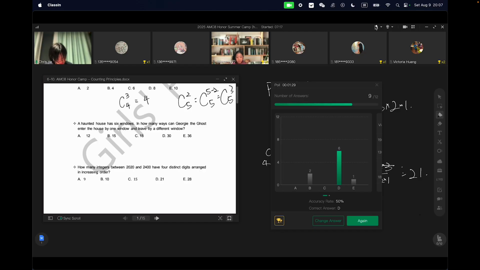So the answer is going to be D, 30. Would anyone like to explain their solution?